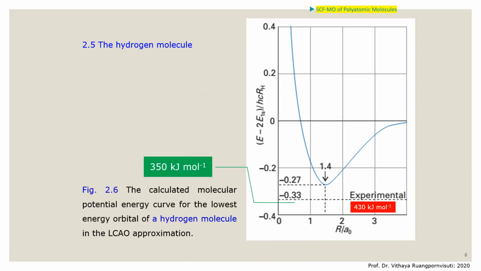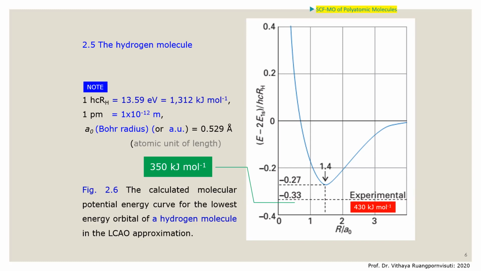This slide just shows you the conversion of the units of energy and bond length. 1 Rydberg is equal to 13.6 electron volt or 1312 kilojoule per mole.